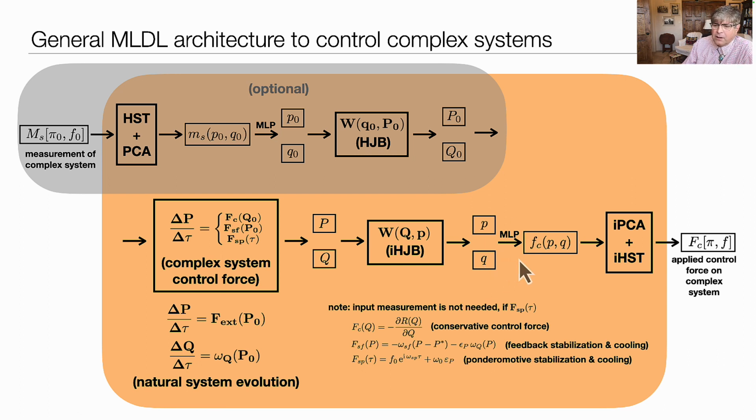You then transform that into what the applied force should be in the individual small p and q domain. And then finally, you use the inverse Heisenberg deep convolution to project that back up into the collective domain of the applied force that you should be putting onto the collective system.